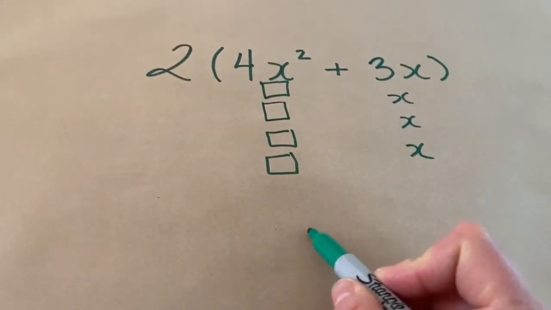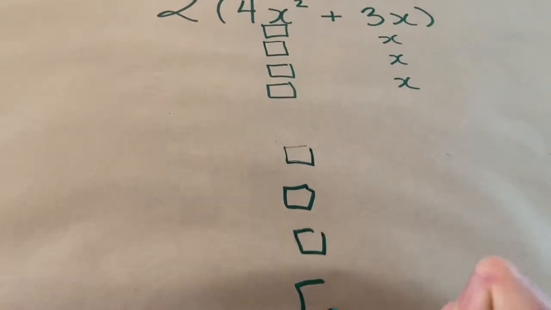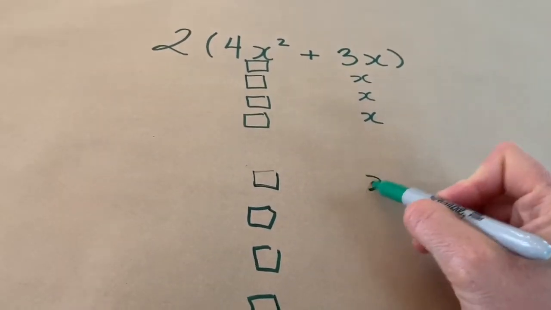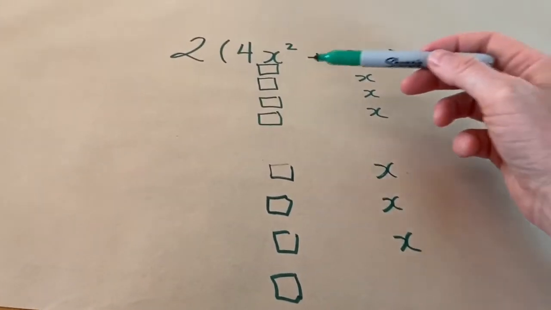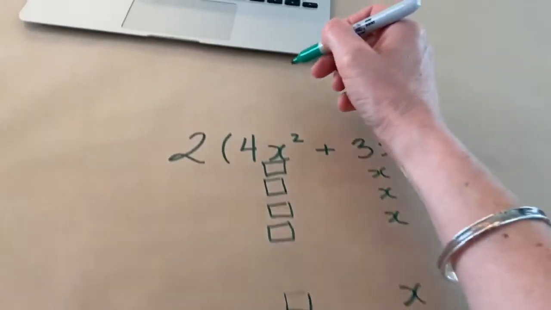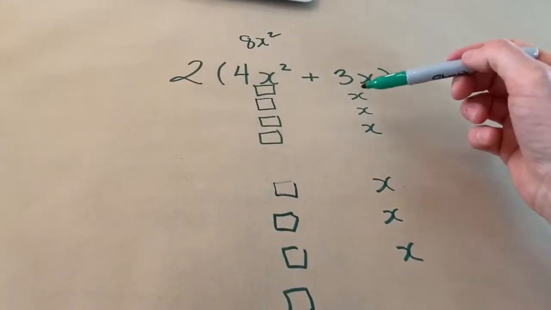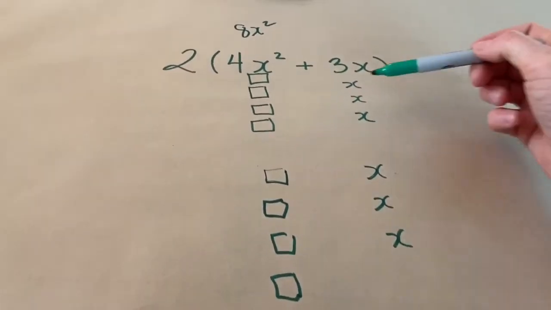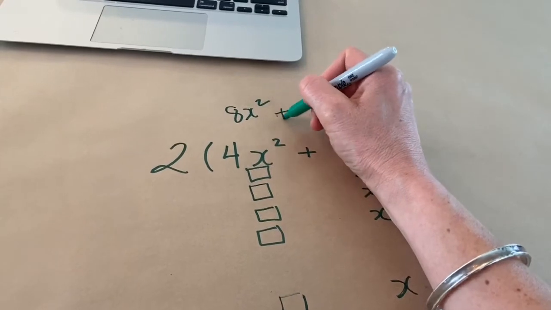So I have another 4 x squares here, and I have another 3 x's here. So all together, I would have 1, 2, 3, 4, 5, 6, 7, 8. I would have 8x squared. And if I have this 2 times, I would have 1, 2, 3, 4, 5, 6. I would have 6 x's.